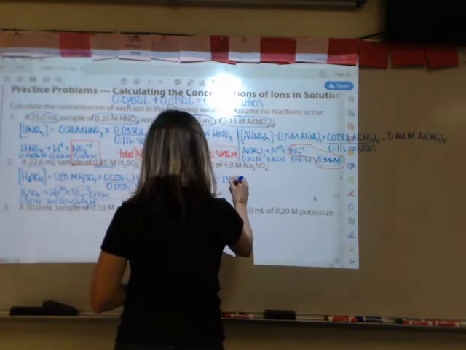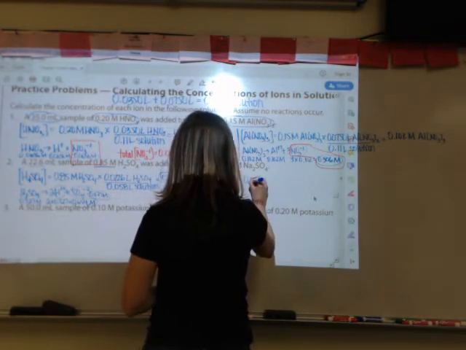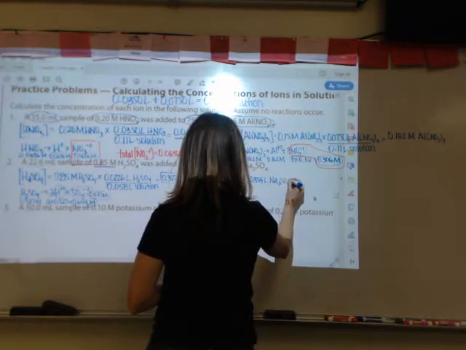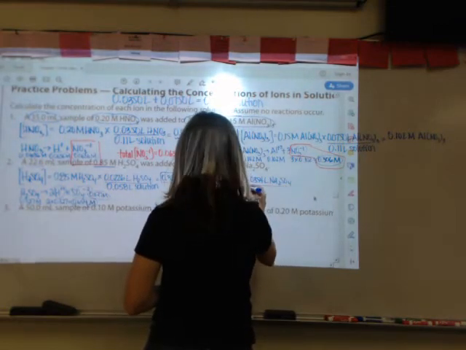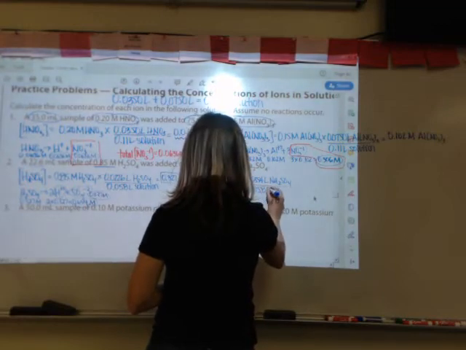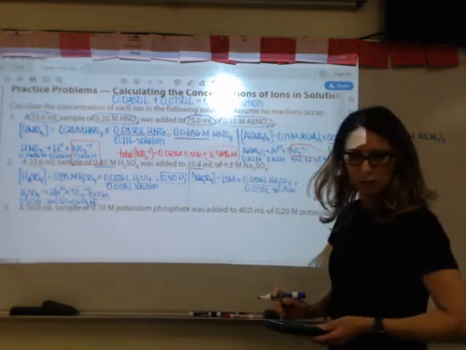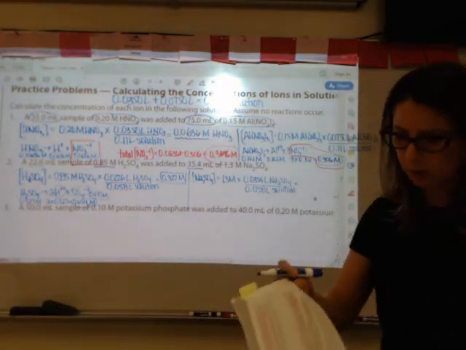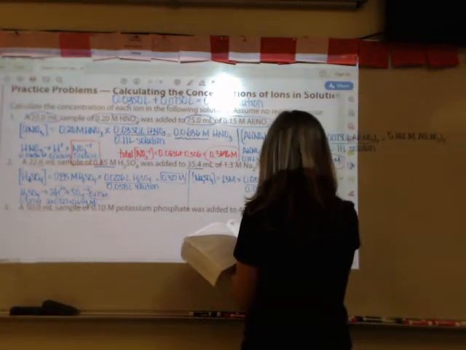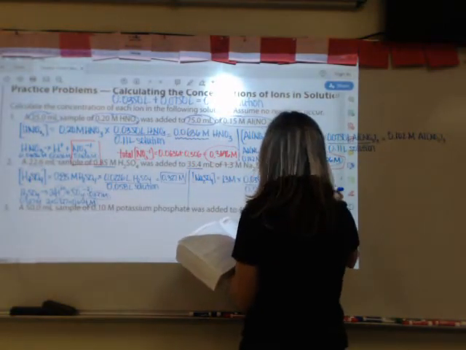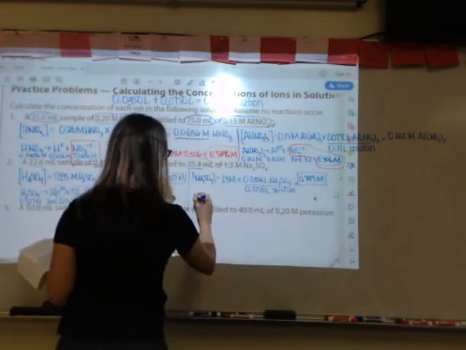Okay? Now, to do the Na2SO4, its concentration is 1.3 molarity. Its volume is 0.0354 liters. Divide that by the total volume, which is 0.058, and that will be 0.793 molarity for the diluted concentration of sodium sulfate.